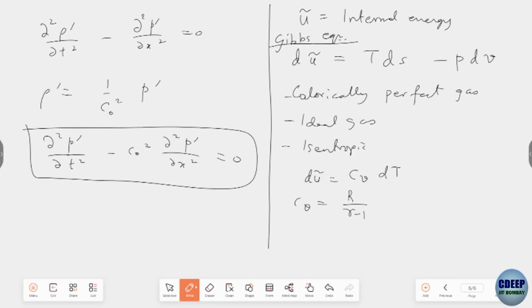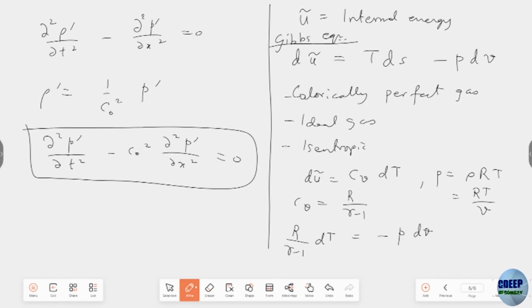And of course your ideal gas tells you that P is equal to rho RT, or RT by V. So with all these we have R by gamma minus 1 dT is equal to minus P dV for now.